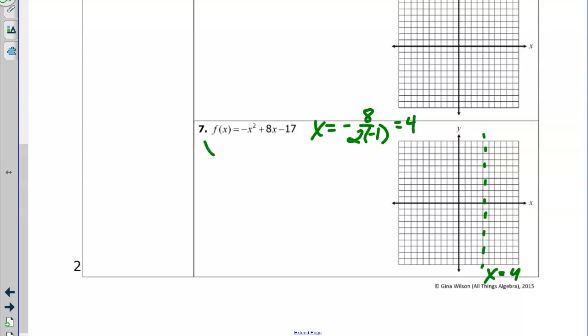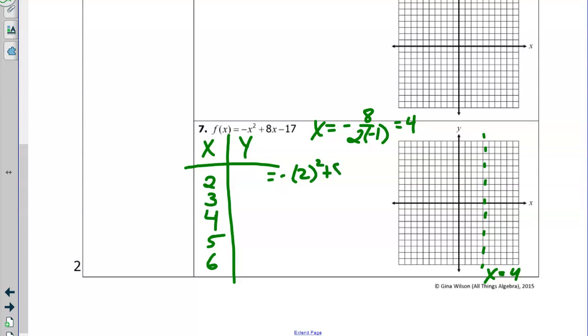Then you're going to build your table: down 1, down 2, up 1, up 2. So we're going to plug it into the equation. So we have negative 2 squared plus 8 times 2 minus 17. Same thing for 3.